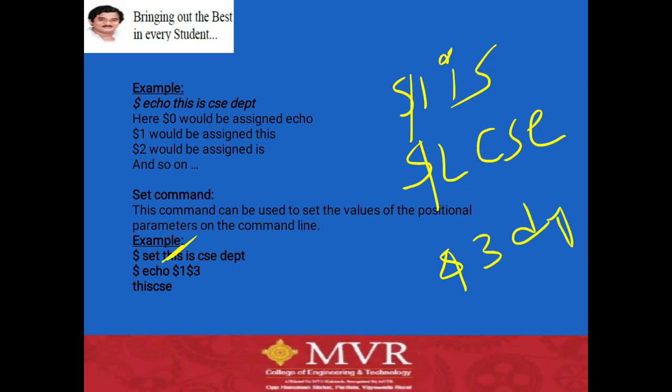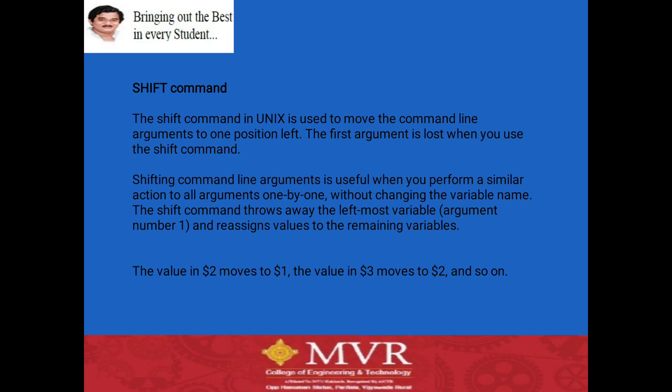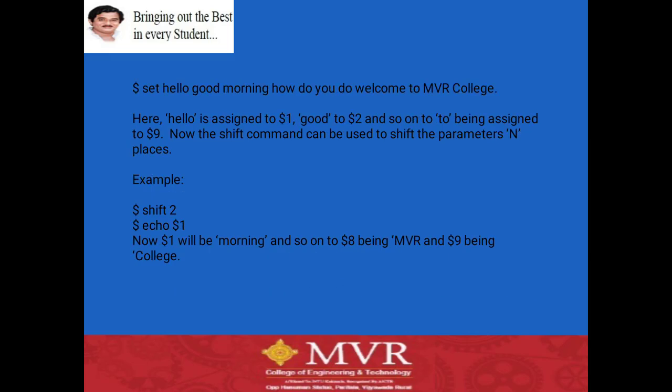That is the use of the shift command. That means the value in $2 moves to $1, the value of $3 moves to $2, and so on. With a small example I am going to explain.